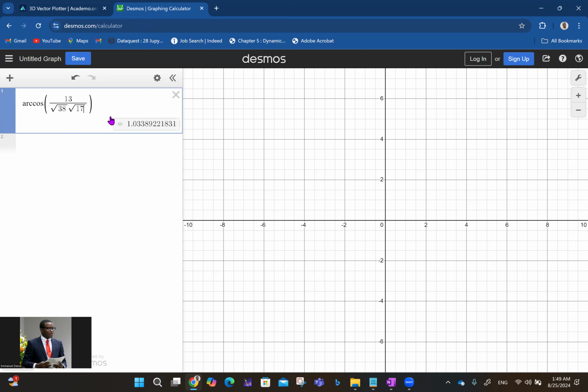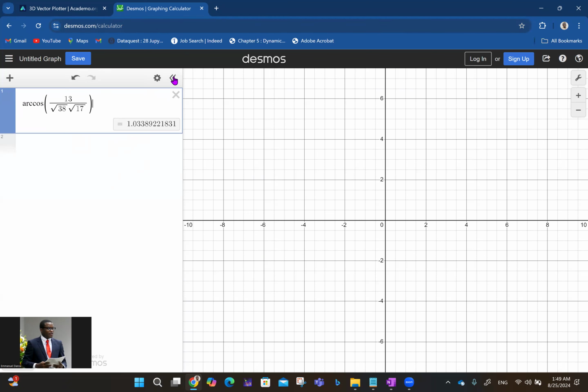So that's what that gives us. Arc cosine, but this is not in degrees. Let me see if we can get it in degrees. This is actually in radians. Can I say degrees? No, it doesn't work. But what we have here is actually in radians.